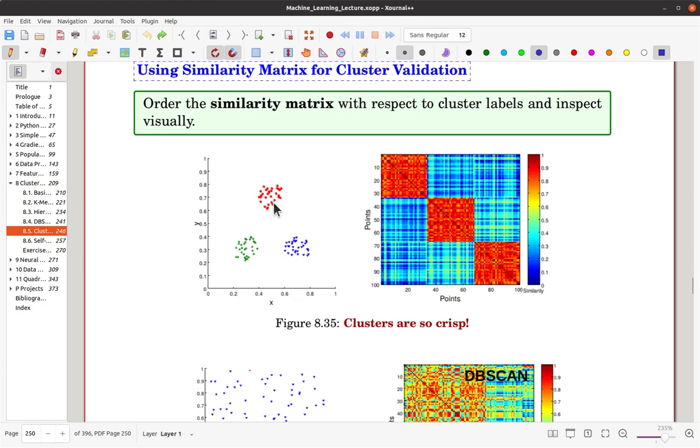That means we order points, for example, the points in the same cluster, starting from 0, and order them. Then the points will be ordered class by class, cluster by cluster, and stacked row-wise. Then the similarity matrix itself will show such a graph.